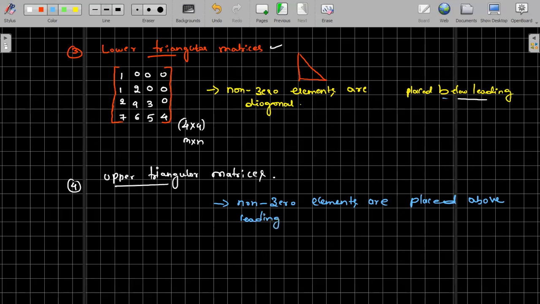Here you can see below was there, here we can see above is there, above the leading diagonal. So this is the definition for this one.